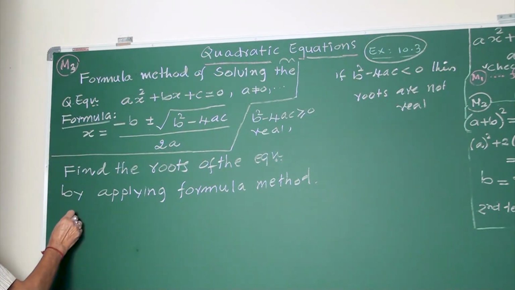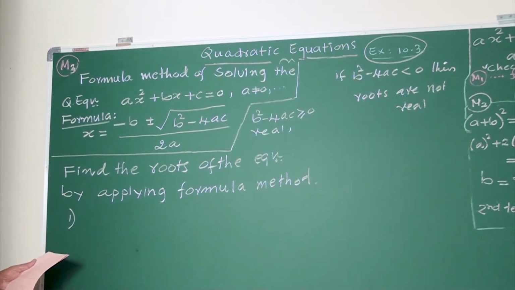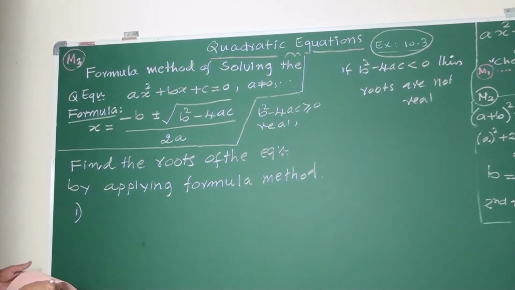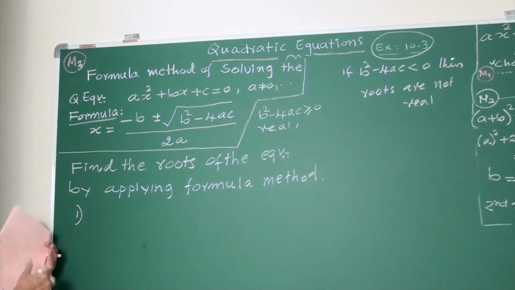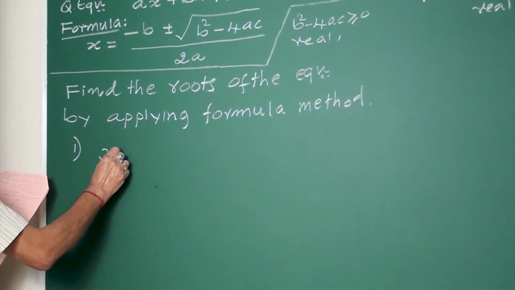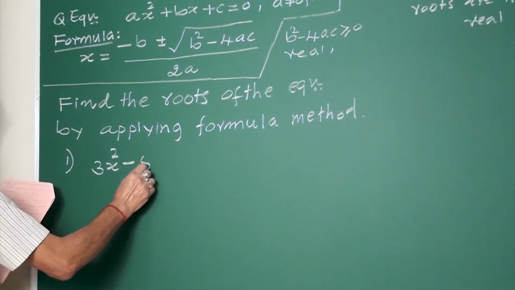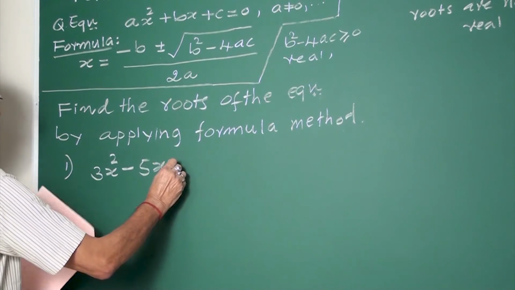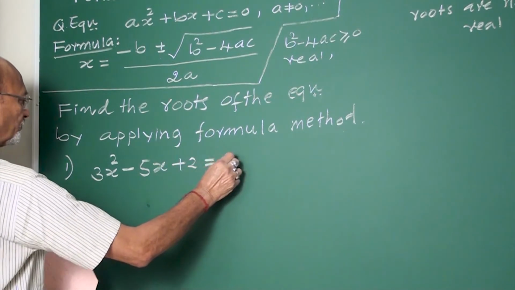Yes, my friend. First example. 3x square minus 5x plus 2 equal to 0.